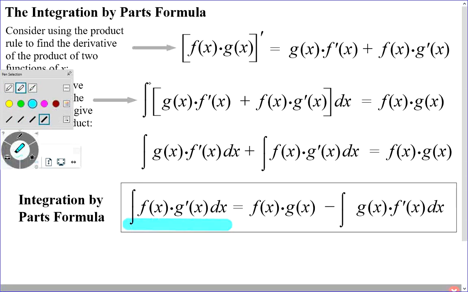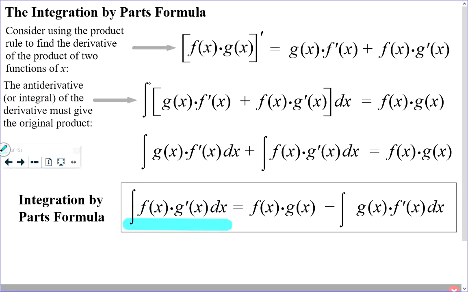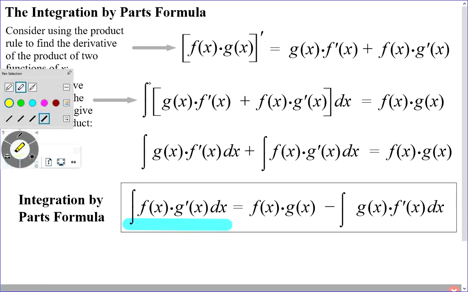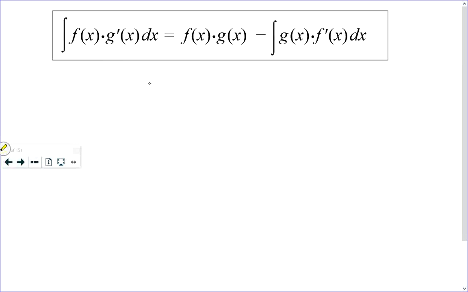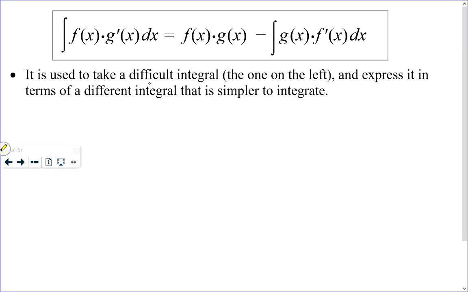And you're going to look at it and go, I have no idea how to do it. In fact, I cannot integrate that. But if you apply the integration by parts formula, you will get this, which contains another integral, a different integral, which you'll look at and go, that's easy. This is the whole purpose: to write an integral that is difficult, the one on the left, in terms of a different integral that's simpler to integrate.